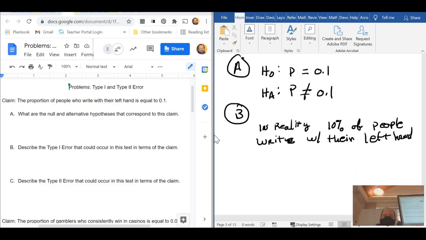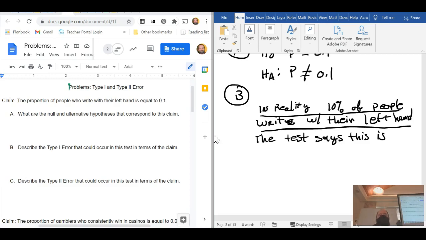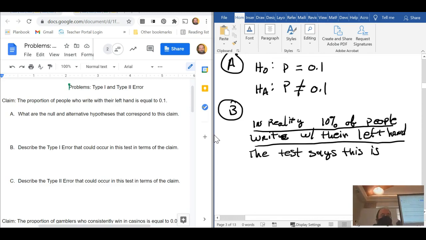And what does the test say? Start with this: the type 1 error is that the null hypothesis is true. The null hypothesis says that 10% of people are left-handed.